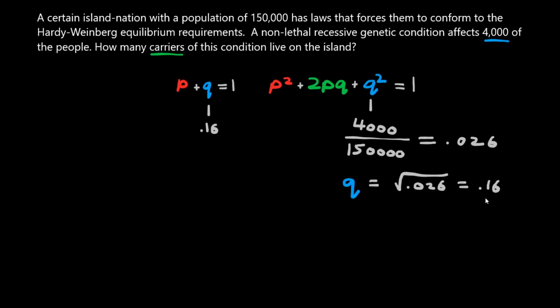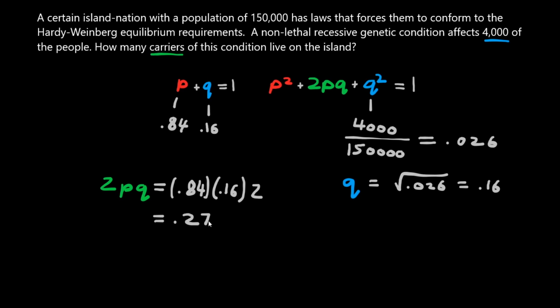And q is 0.16. Now we have 0.16, we can minus that from 1 and get p, which is 0.84. And now we can determine 2pq, just plugging those numbers in and multiplying by 2. And we get 27%.